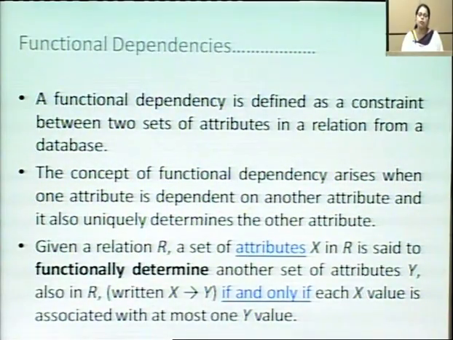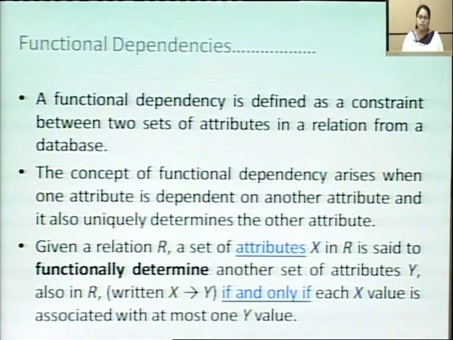Now formally, if we define functional dependency, then we can say that if we are given a relation R, a set of attributes X and Y in R, then the set of attributes X is said to functionally determine the set Y in R if and only if each X value is associated with at most one Y value.